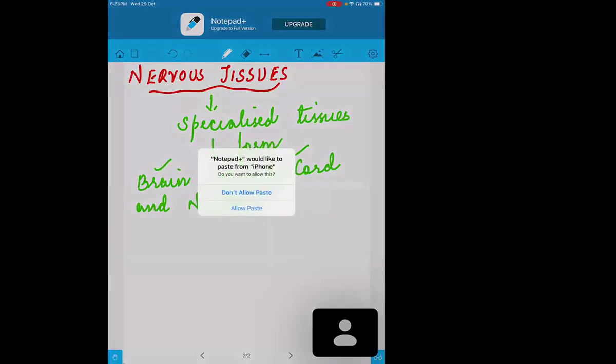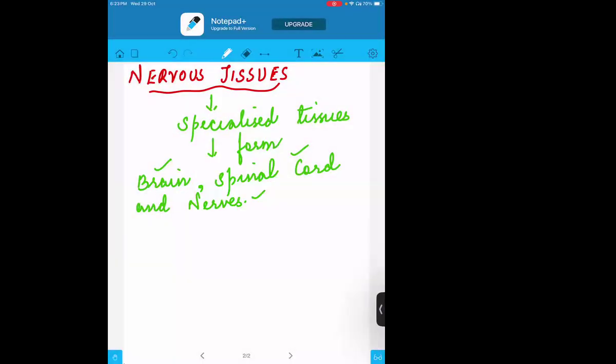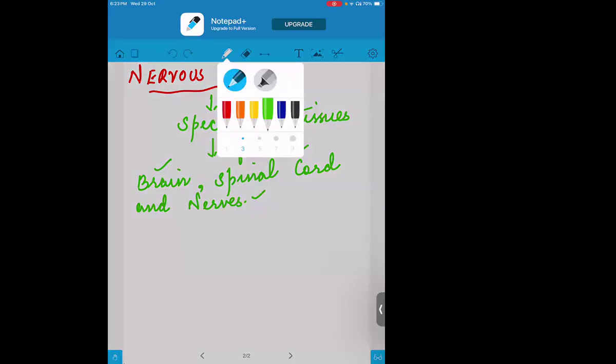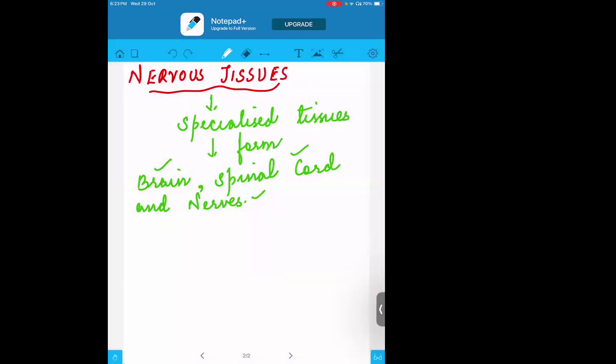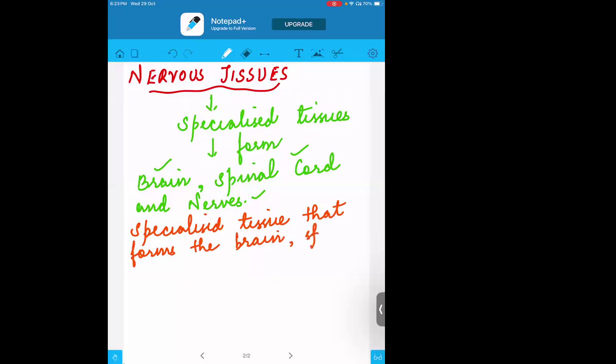Fine. Moving to the next one, what do they do? First I'll write the definition so that you can easily copy it. It is a specialized tissue that forms these three things: the brain, the spinal cord, and the nerves.